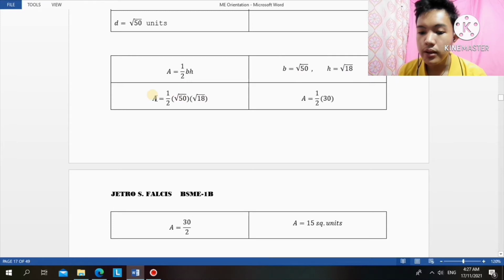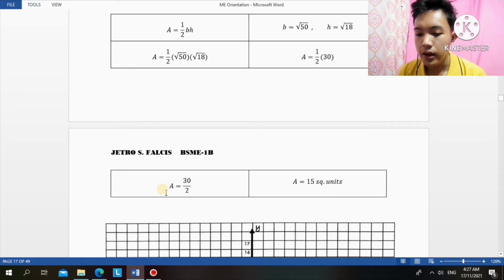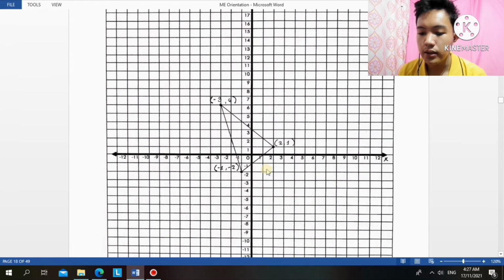Our equation will be area is equal to 1/2 times the square root of 50 times the square root of 18. So square root of 50 times square root of 18 is equal to 30. 30 divided by 2. Our equation will be A is equal to 30 over 2. So our area is equal to 15 square units. So the area of this triangle is equal to 15 square units.